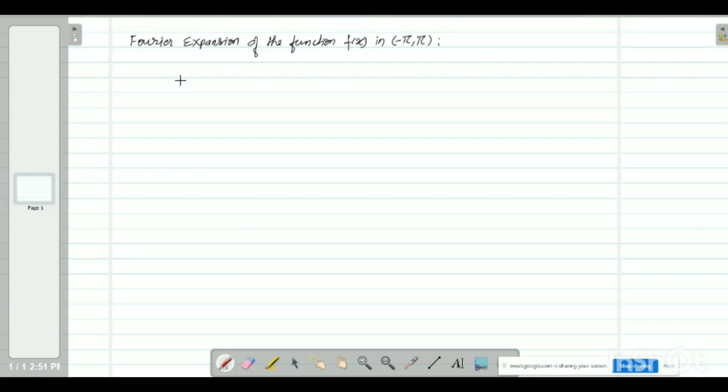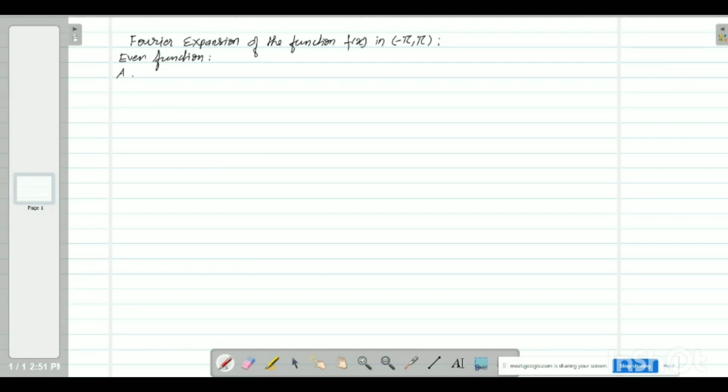So first of all, we define even function. What is the definition of even function?